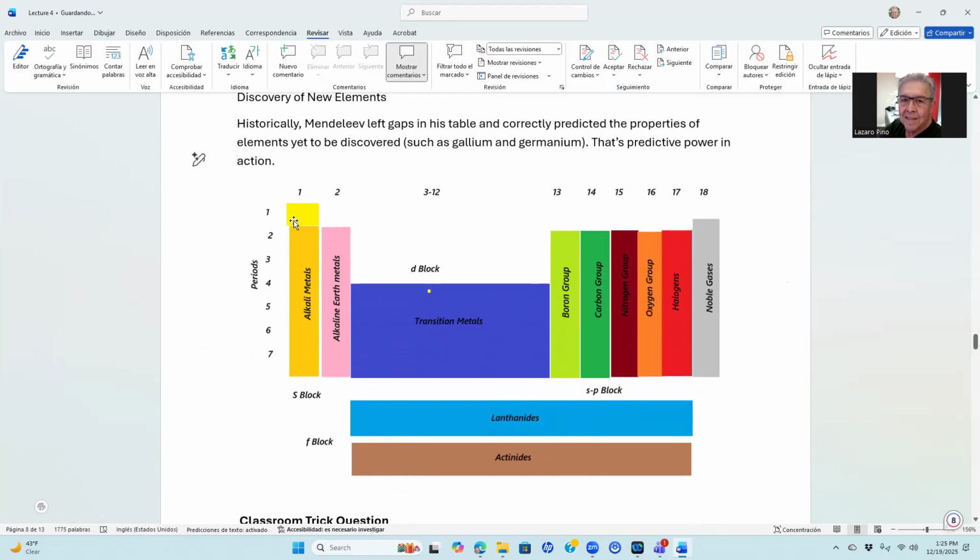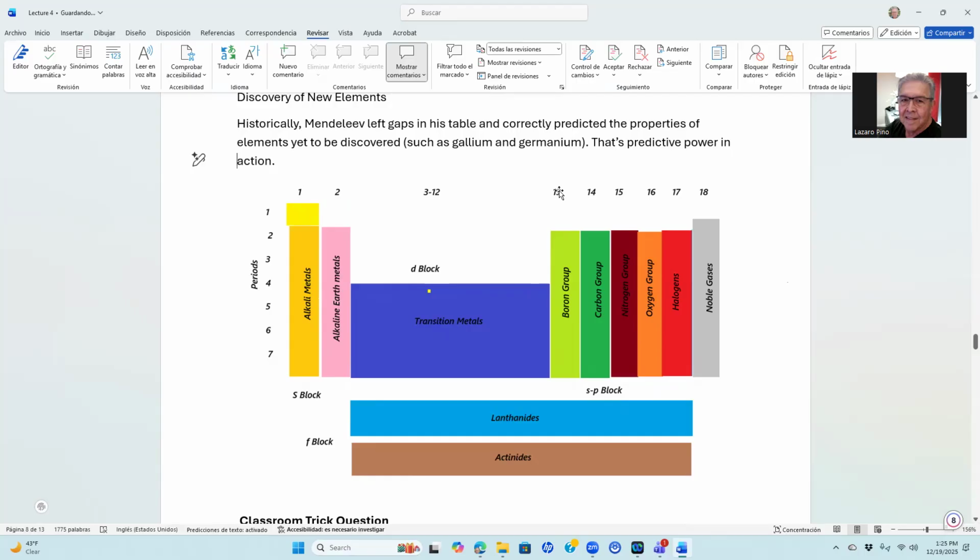you can see here, this is what we call the s block. The s block is made of group 1, that has a specific name, the alkali metals, and group 2, that is made of the alkaline earth metals.